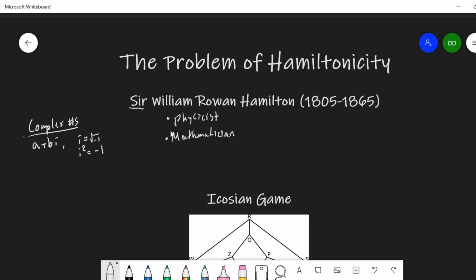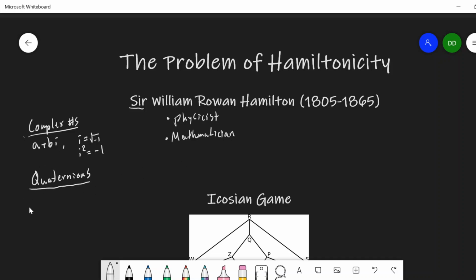What Hamilton did was extend this to not just 2 dimensions. You can think of complex numbers like a 2-dimensional number system where products are defined. Hamilton extended this to 4 dimensions, and these are called the quaternions.